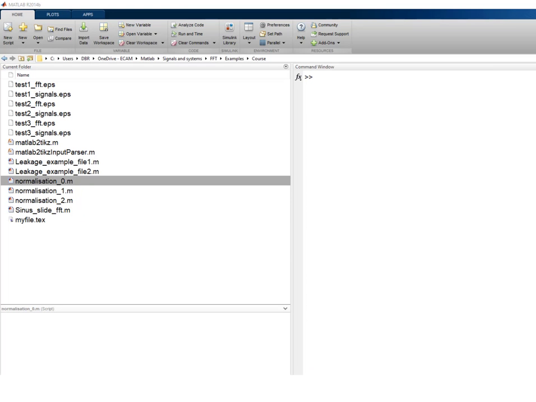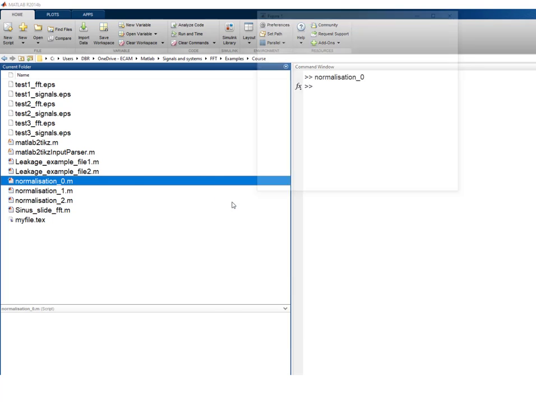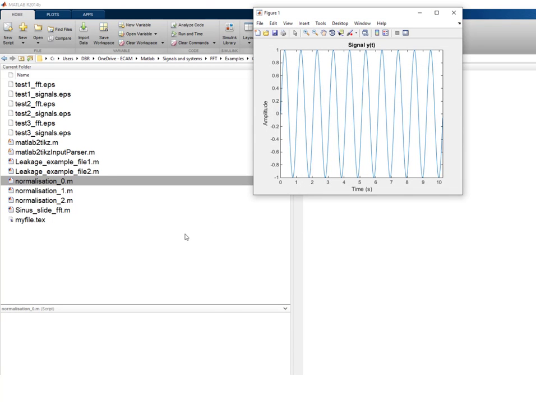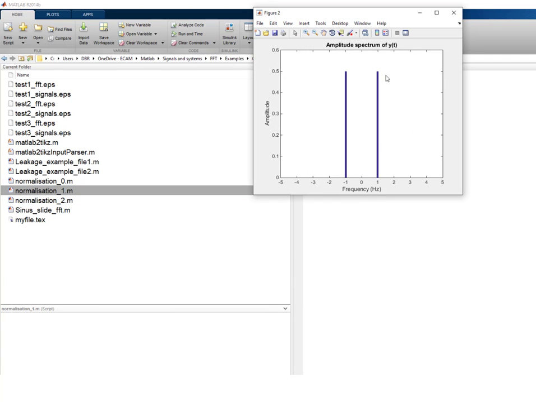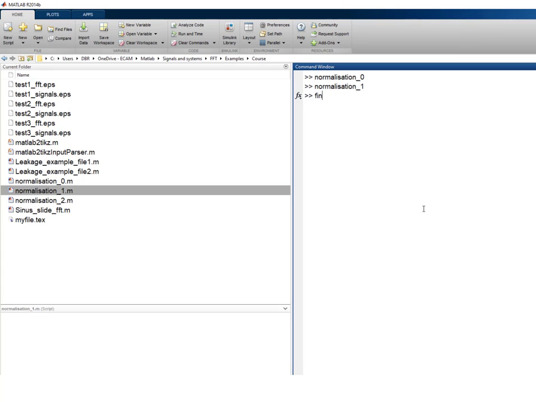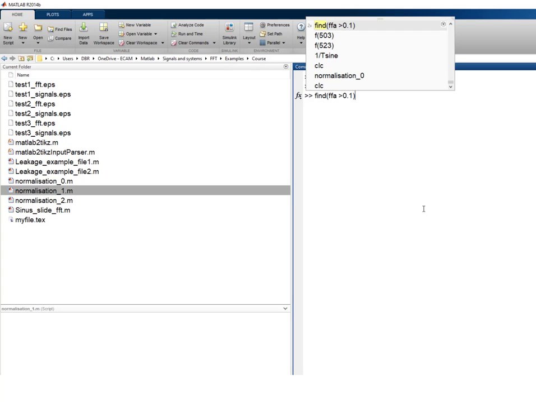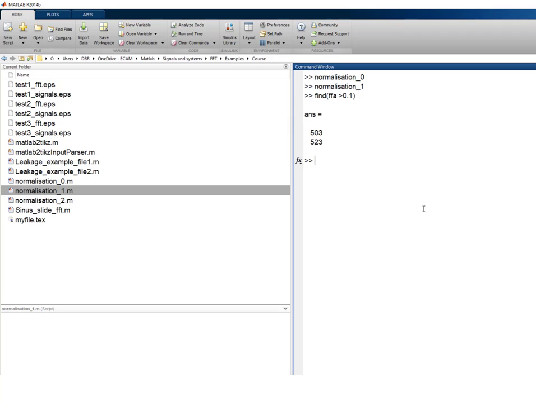Well, let us run this code and have a look at the results in Matlab. So we'll first generate the data, right? So this is the plot. Now we can have a look at this spectrum, and it's this symmetric spectrum that ranges from minus 50 Hertz to 50 Hertz, but that we have zoomed in on in the range minus 5 to 5. So we can have a look at the frequencies where the amplitude spectrum is larger than 0.1.